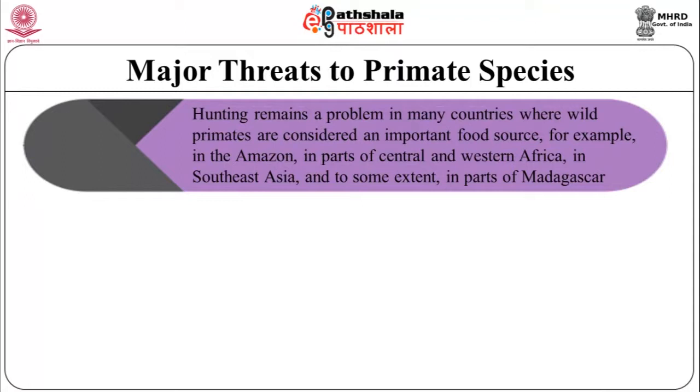Hunting remains a problem in many countries where wild primates are considered an important food source. For example, in the Amazon, in parts of Central and Western Africa, in Southeast Asia, and to some extent in parts of Madagascar.